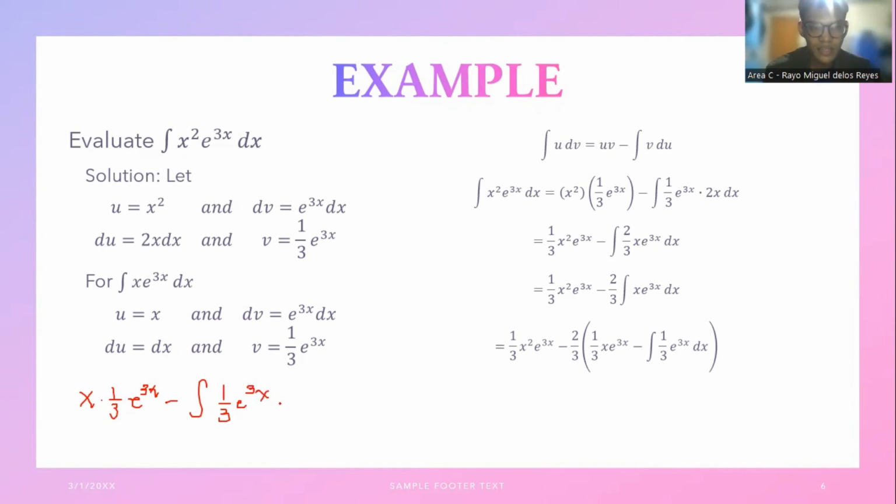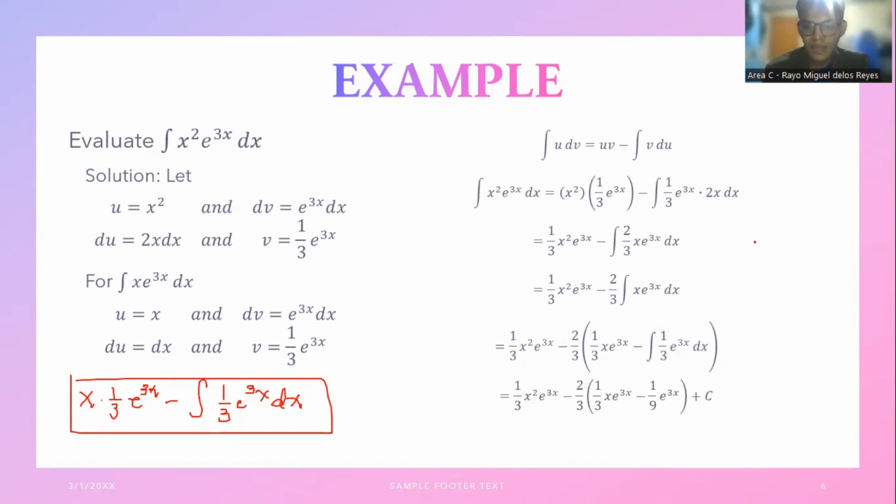Then, ang du natin is dx. Ayan. So, ito yung sa integral of x e raised to 3x dx. Then, ito, isa-substitute natin doon. Kaya naging 1/3 x squared e raised to 3x minus 2/3 times 1/3 x e raised to 3x minus the integral of 1/3 e raised to 3x dx. Then, ito, ilalabas lang natin sa kabila.